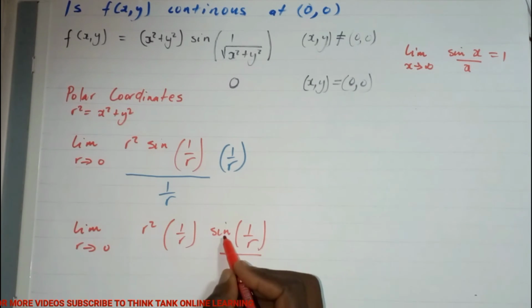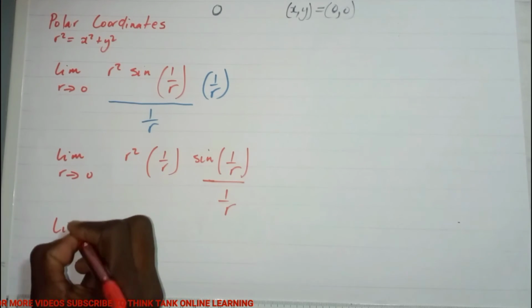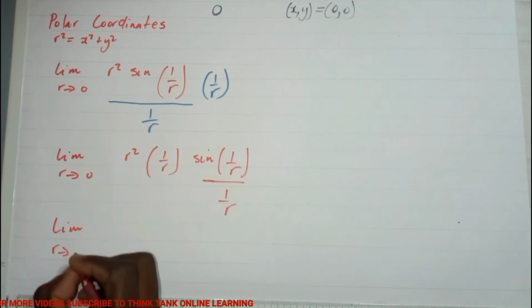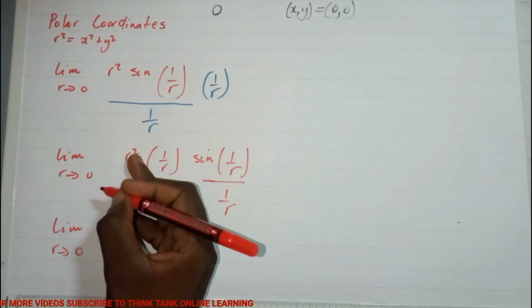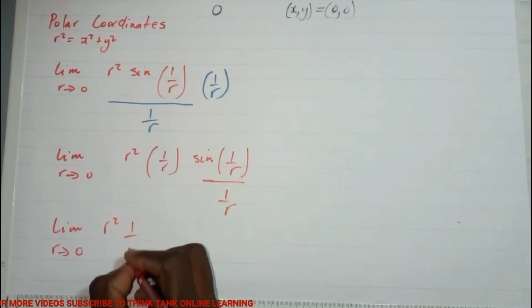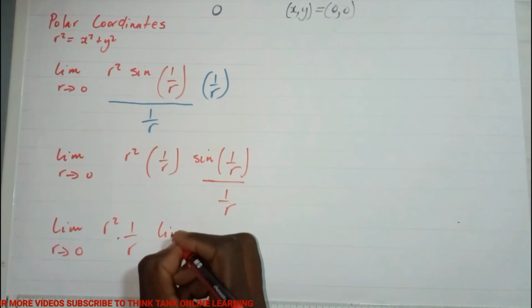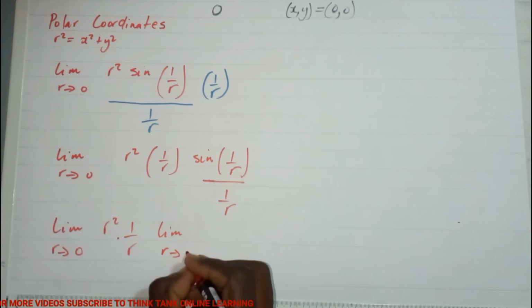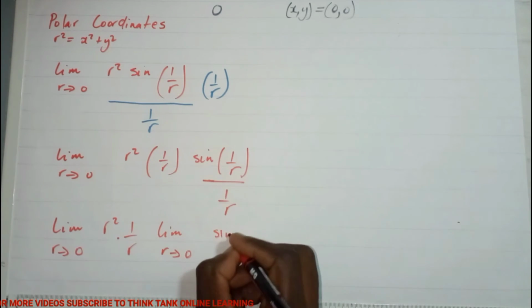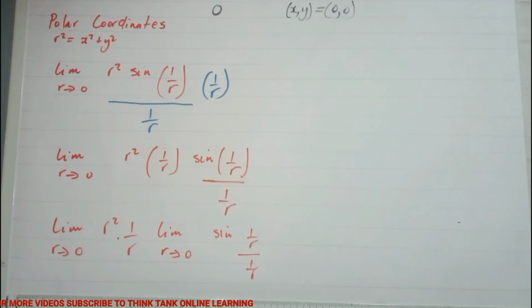So the limit is as r approaches 0 of r squared times 1 over r, times the limit as r approaches 0 of sine 1 over r over 1 over r.